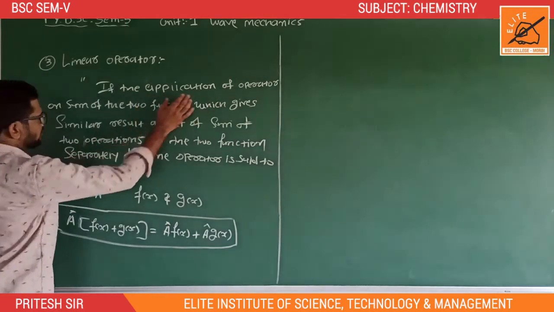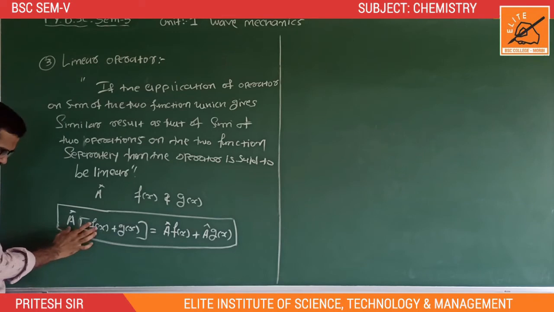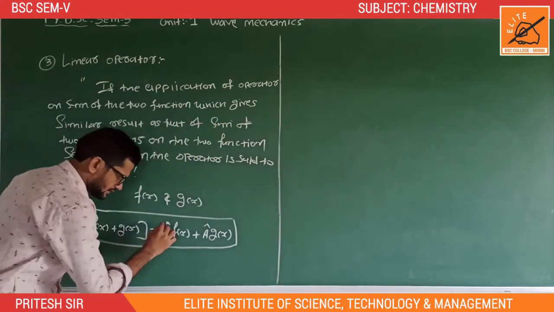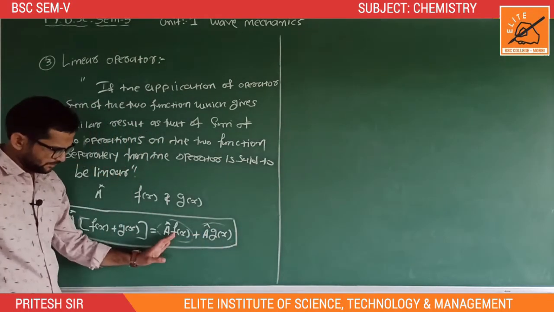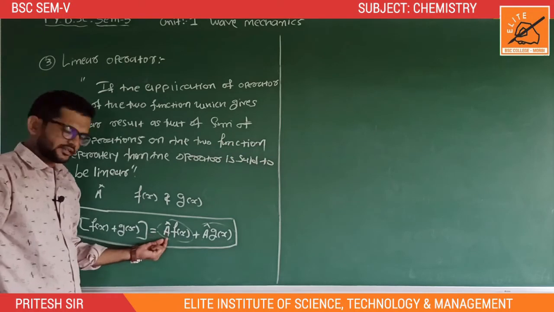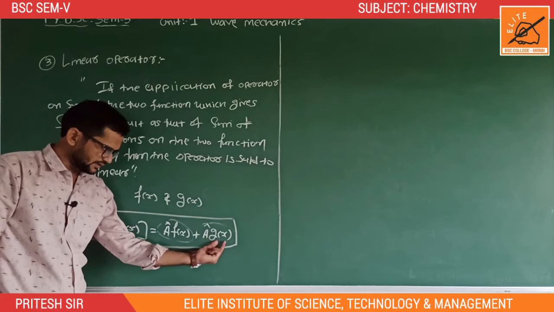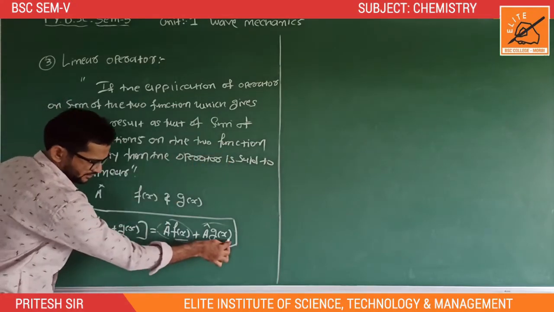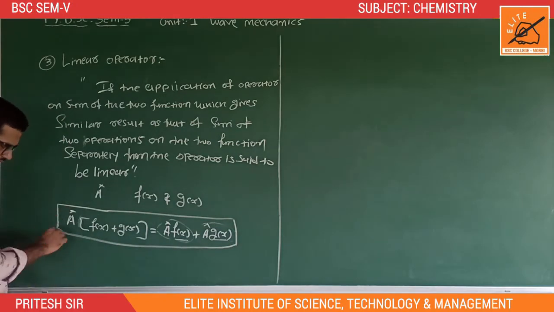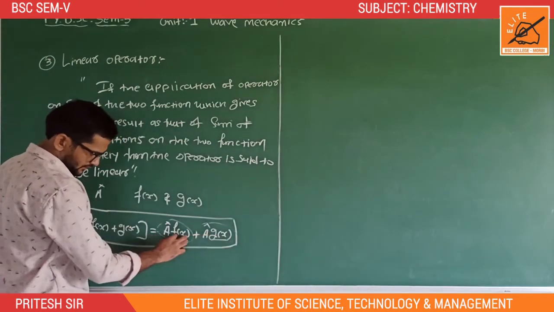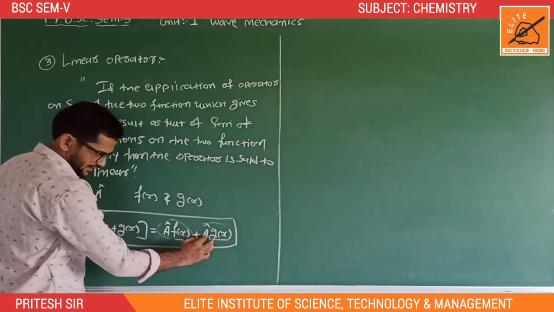So the application of the operator on the sum of two functions gives a similar result as the sum of two operations. On the right-hand side, the first operator A cap is operated on function f(x) and the operator A cap is operated on function g(x) separately. Here on the left-hand side, the sum of the two functions is operated on by operator A cap, but on the right-hand side the two functions are operated on individually.